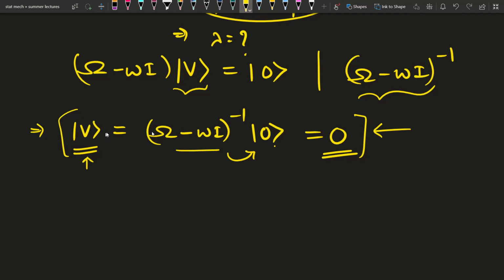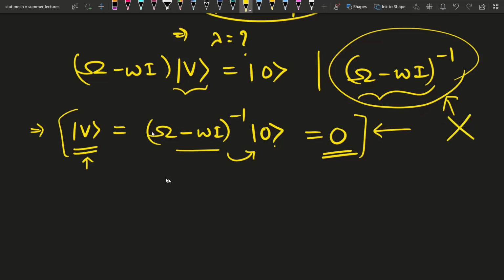What is the cause of that? We assumed that this inverse exists. That means this assumption is not correct. Actually, it means that the inverse of this matrix does not exist.